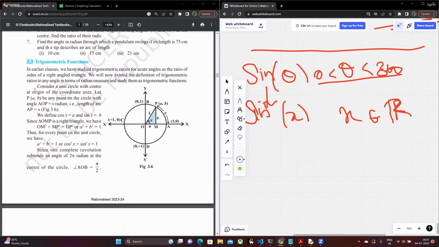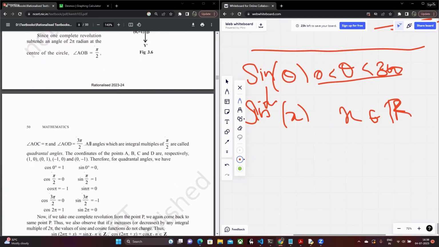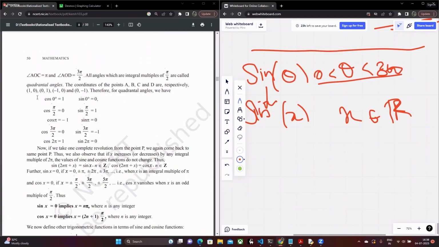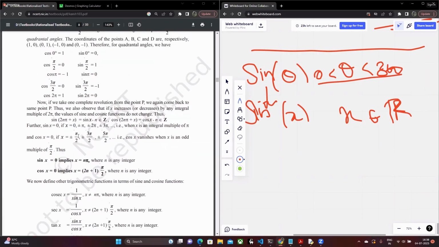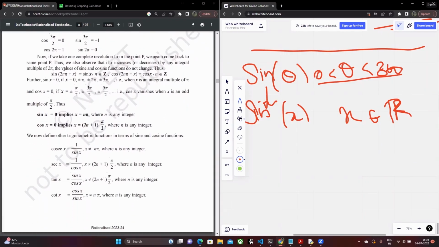So you have a big derivation, consider a unit circle, and so on. Then you deal with the basic trigonometric ratios for the most frequently occurring angles: 0, pi by 2, pi, 3 pi by 2, 2 pi, etc. And you see that sine of 2n pi plus x is sine x, and cos of 2n pi plus x is cos x.